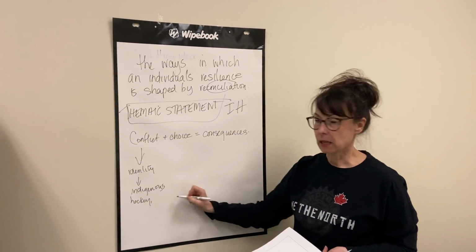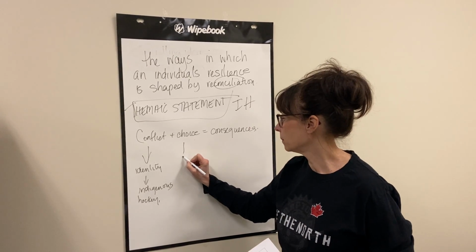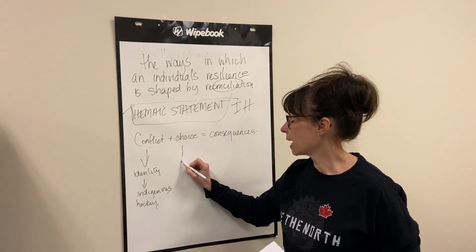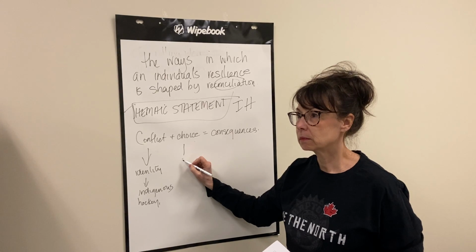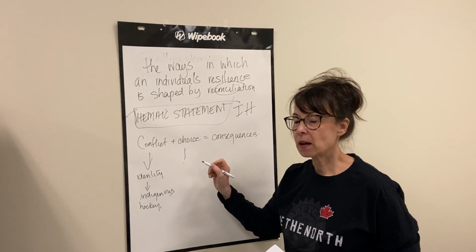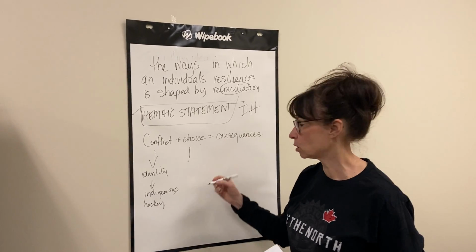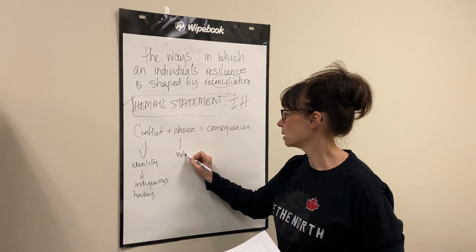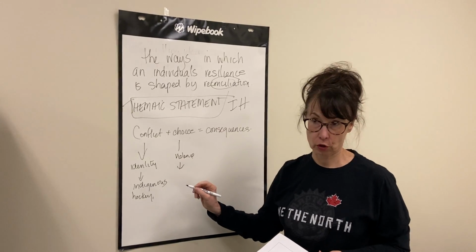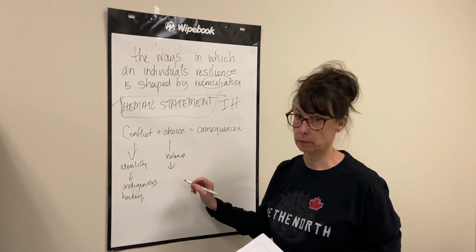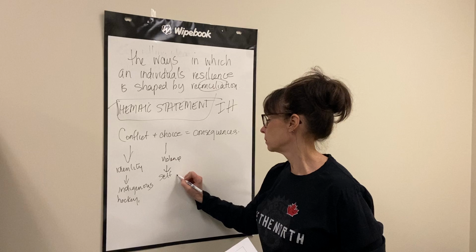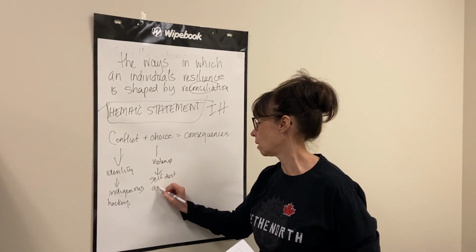What choice did he make? Well, first of all, when he was playing hockey, he became more brutal, right? He chose to be more brutal because of the way he was being treated. So violence, and then self-destruction through alcoholism, right?